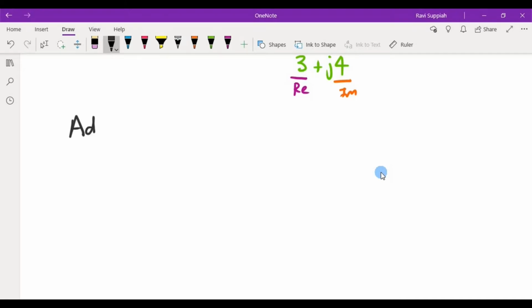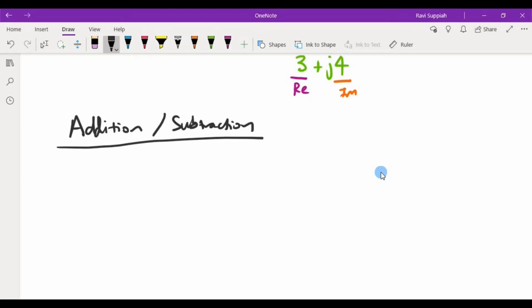The first is addition and subtraction. Given any two complex numbers, a plus jb, add with c plus jd, the way we perform complex number addition or subtraction is to basically focus on the real numbers separately and the complex numbers separately.